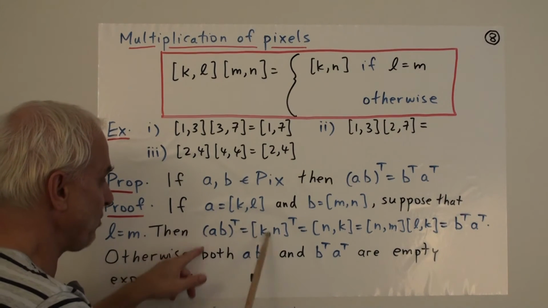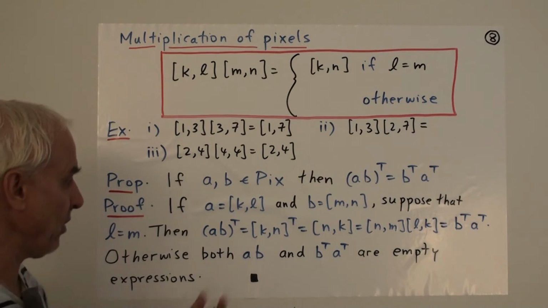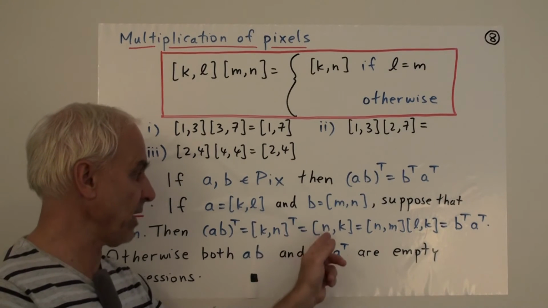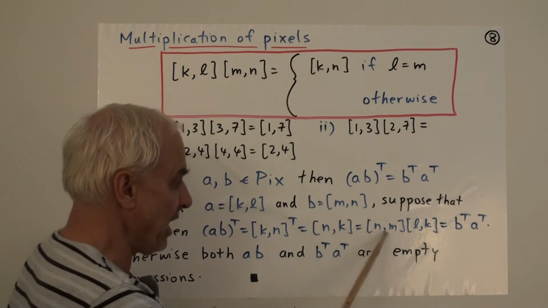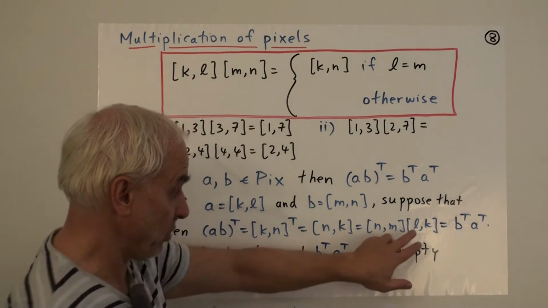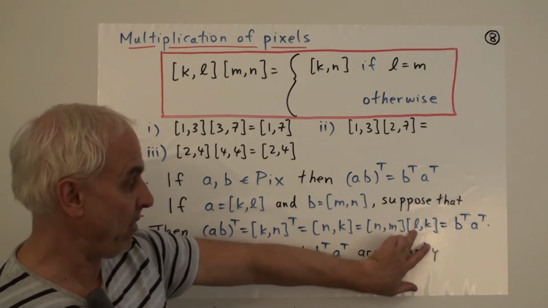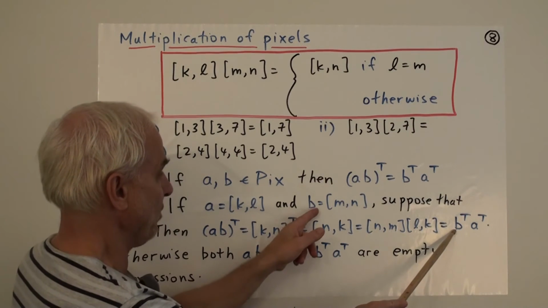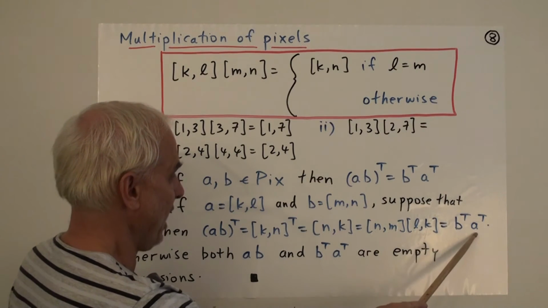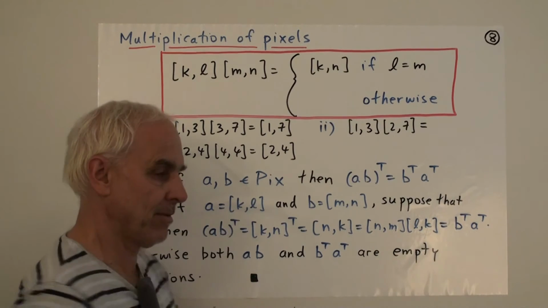So we're taking the transpose of KN, and we know how to do that. We just interchange the entries here, and then we get NK. And NK is the same as NM times LK, because we're still under the assumption that L equals M. And this thing here is B transpose, because B was this, and this thing here is A transpose, because A was this.